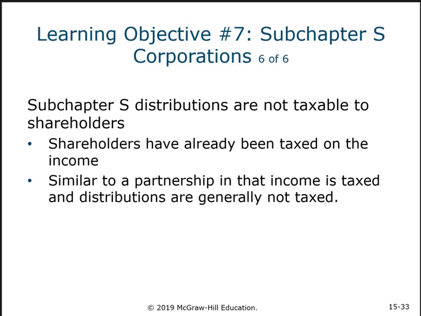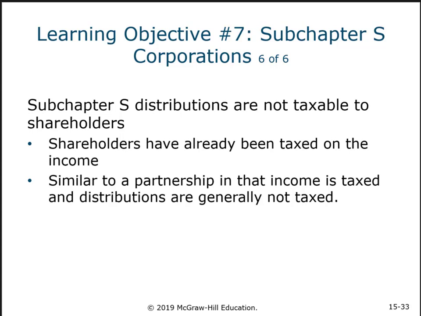So the general rule, and this is what we sometimes lose sight of, is that S corporation distributions are not taxable. So when money is paid, unlike a C corporation where we have dividends that could be taxable, an S corporation pays money to the stockholder that is not taxable. Instead, the stockholder is going to report the income when the S corporation makes it.